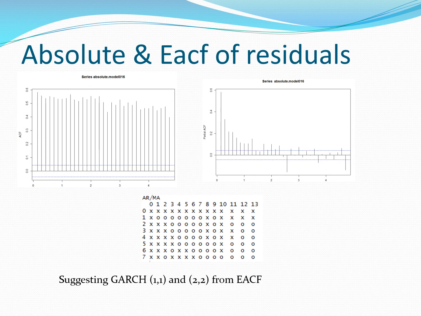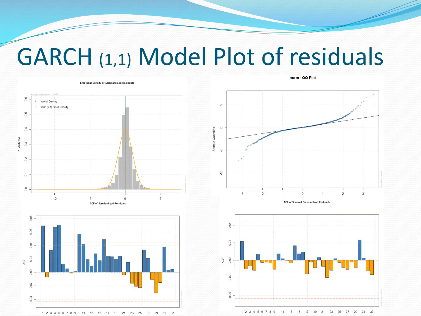We then use the EACF to find the order of the GARCH model. From the EACF table, we will then apply a GARCH of order 1,1 to the residuals for model diagnostics on the next slide.